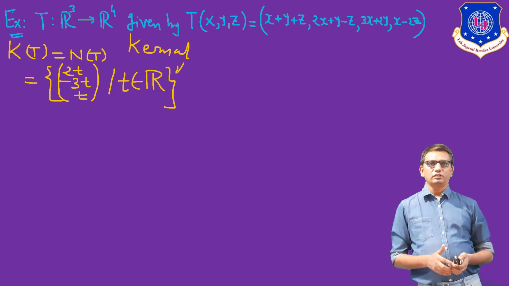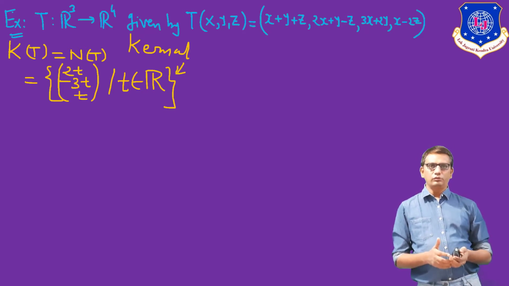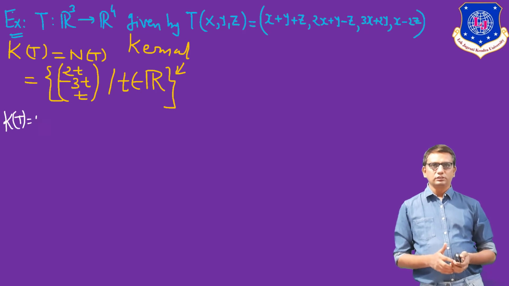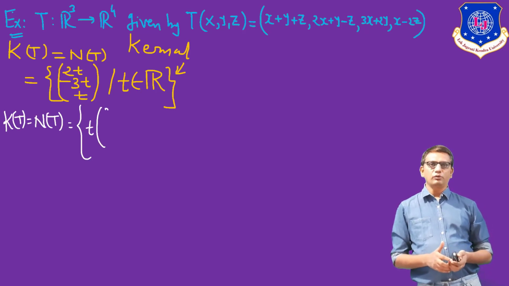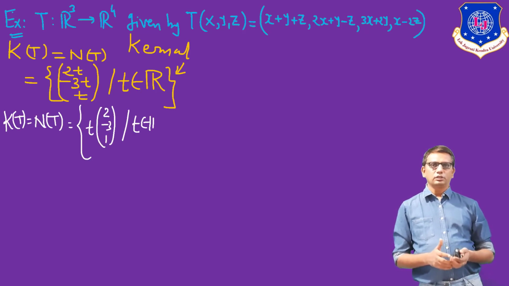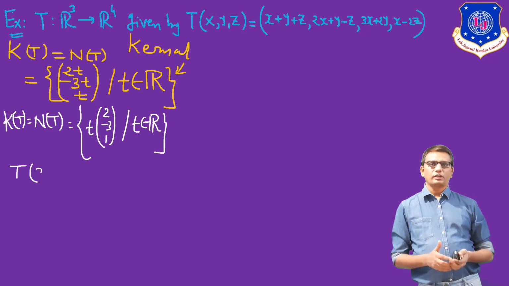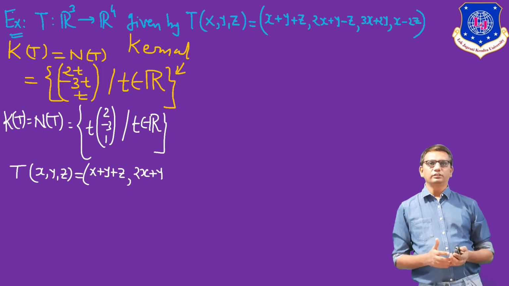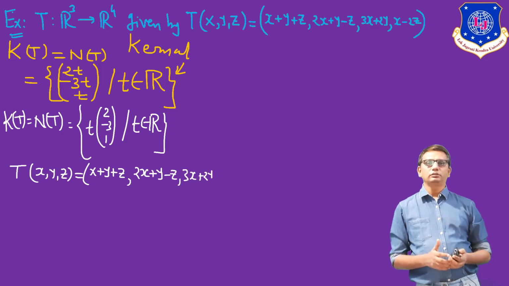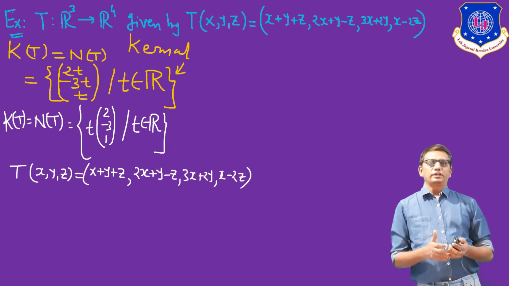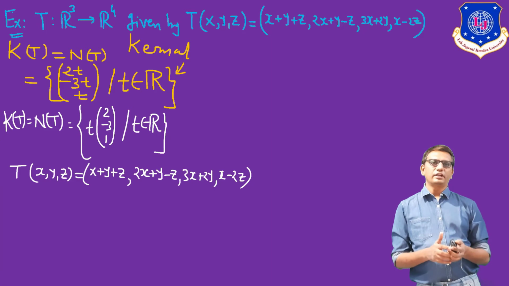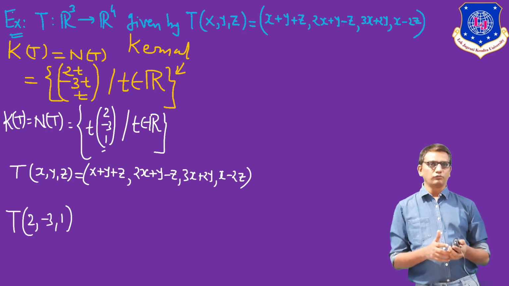So this is our null space, already we found in the previous slide. So that is a line in R4. Kernel of T can be written as t into (2, -3, 1), where t belongs to R. So that is the concept of kernel or null space of a given linear transformation from R cube to R4.